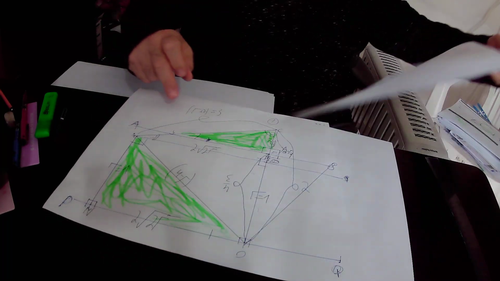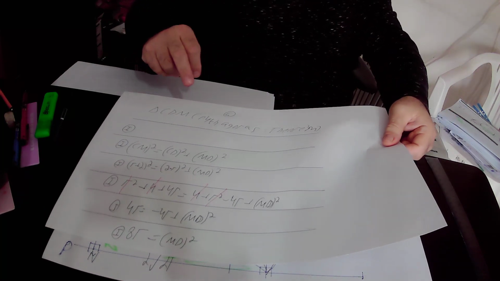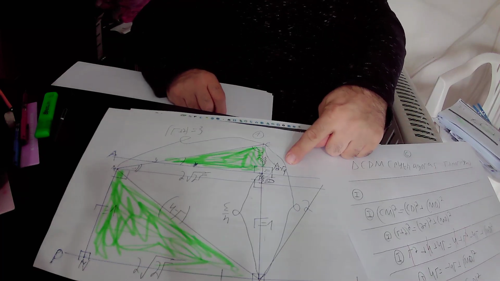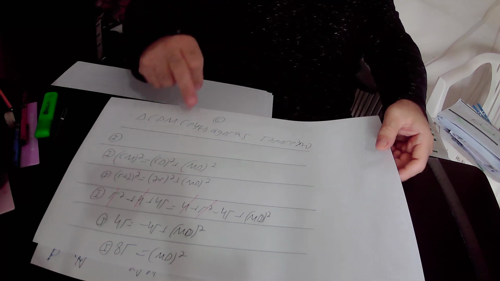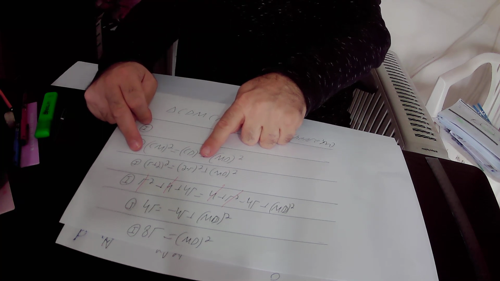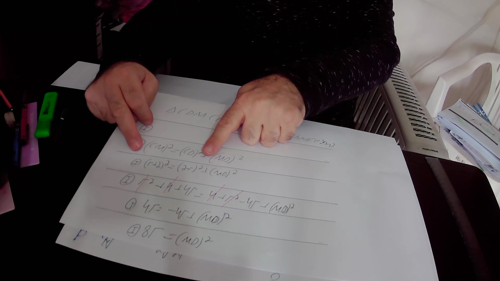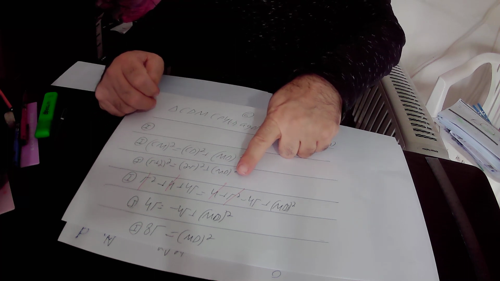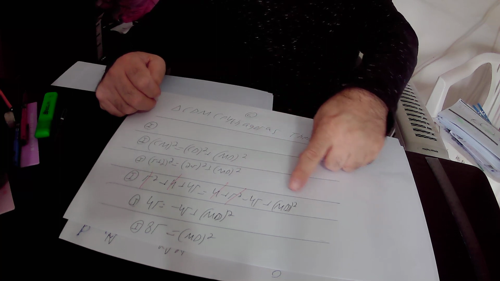CM equals R plus 2. We already found that CM equals R plus 2. CD equals 2 minus R. We already found that CD equals 2 minus R. So (R plus 2) squared will be equal to (2 minus R) squared plus MD squared. We open the brackets of equation number 1 and we get that (R plus 2) squared equals R squared plus 4R plus 4, and (2 minus R) squared equals 4 plus R squared minus 4R, plus MD squared.